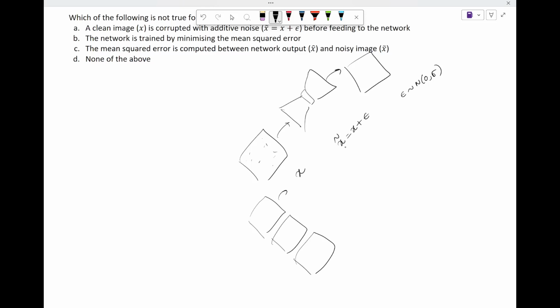So this is the noisy image, and that you will give to your model when you are training, and you want your model to reconstruct the clean image.